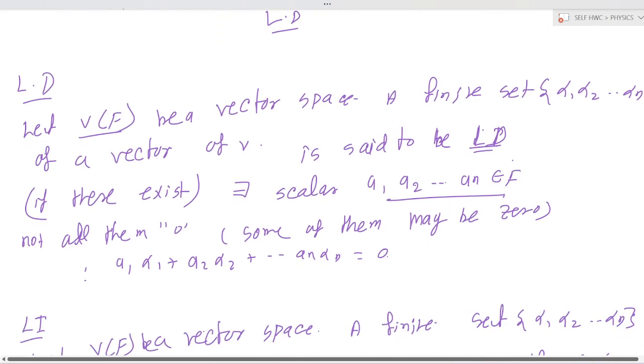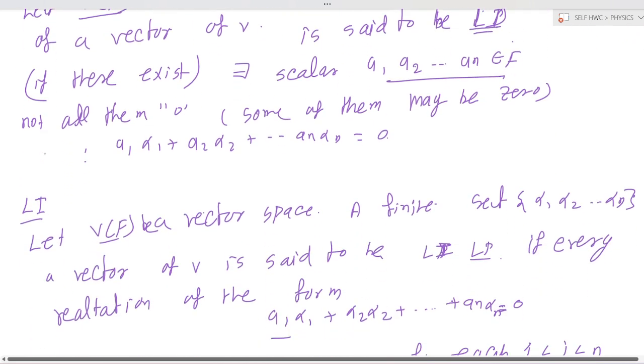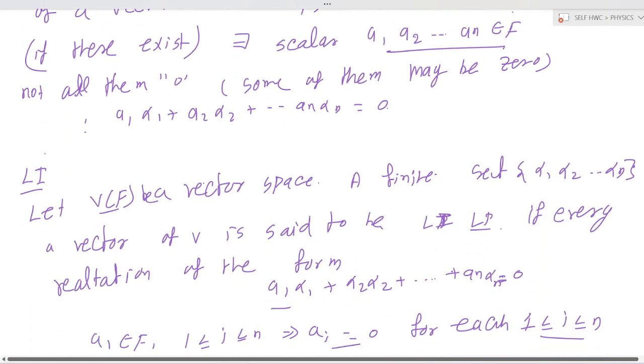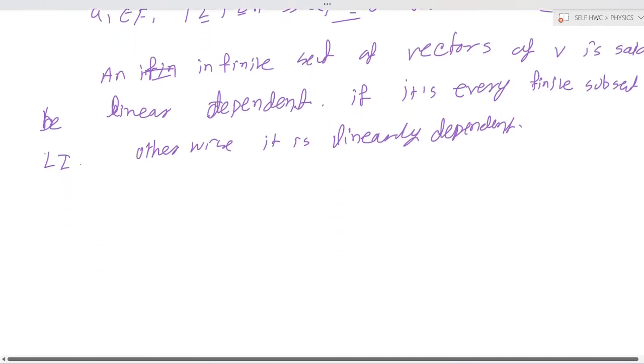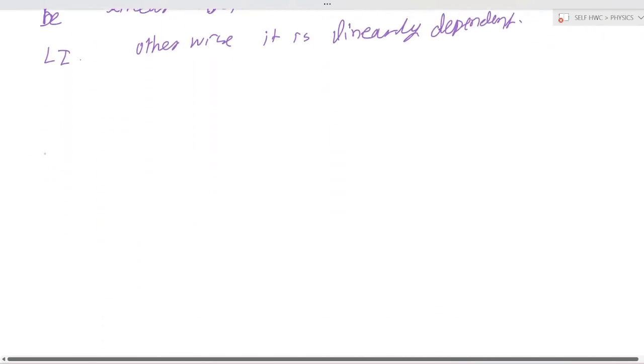Next, understand linear dependence and linear independence by the general method and the tricky method.